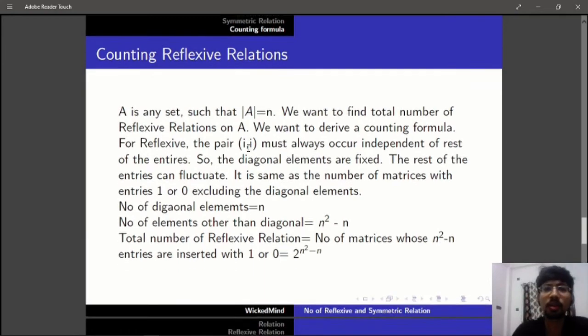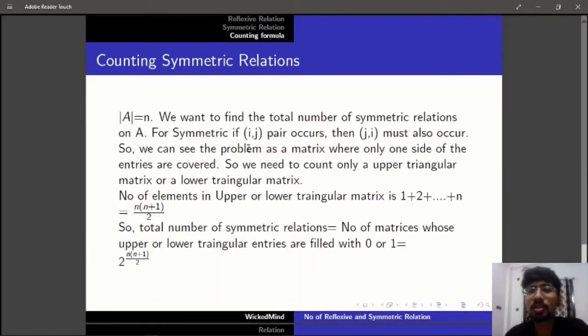Okay. Next, counting symmetric relations. What was a symmetric relation? It was basically a relation in which if the ordered pair (a, b) occurs, then we must have (b, a). So in the matrix, if the (i, j) pair occurs, automatically the (j, i) pair must occur.